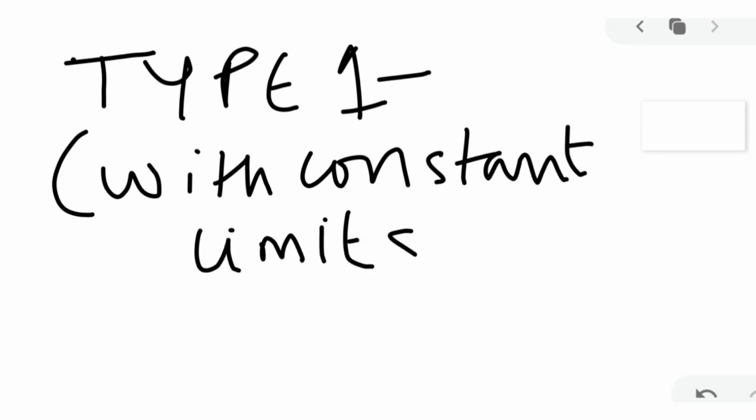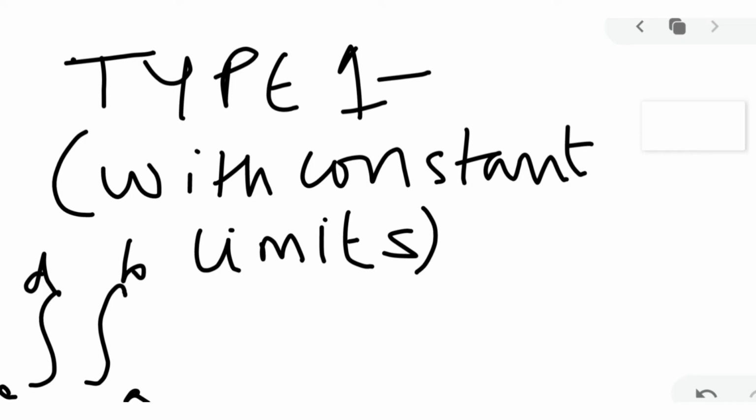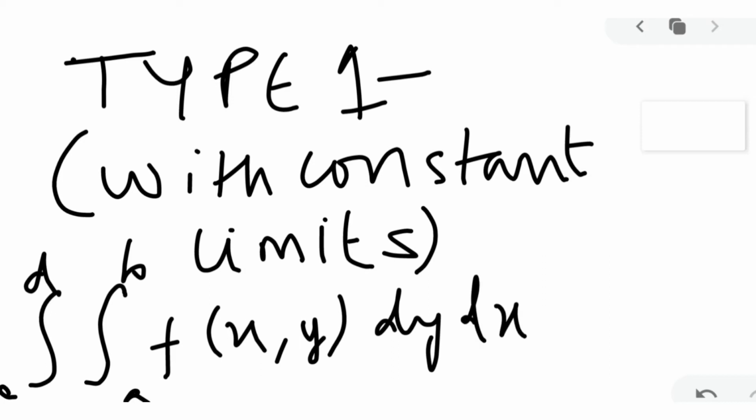For example, from c to d, from a to b, f(x, y) dy dx. In this question, we see the limits are defined and they are constants. They do not depend on any variables like x or y. So the limits are constants here, and I have labeled this as type 1.